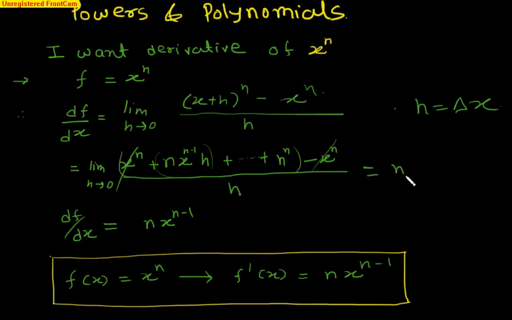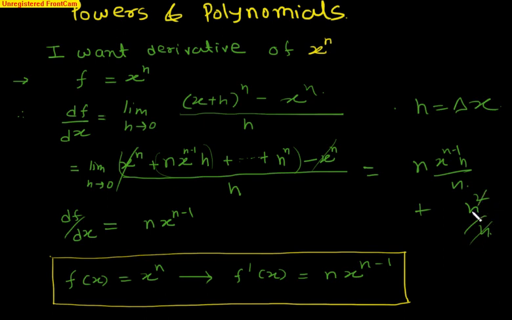What you will get in x raised to... you can try yourself. See here, n x raised to n minus 1 into h, divided by h. Up to that, this is okay. This h will get cancelled. The powers of h after this plus sign keep increasing, for example h square by h.